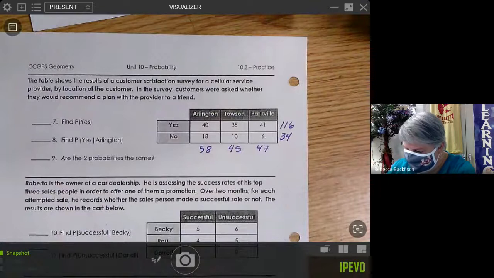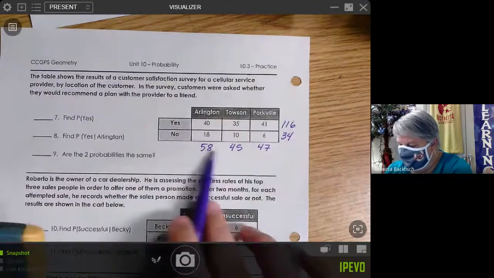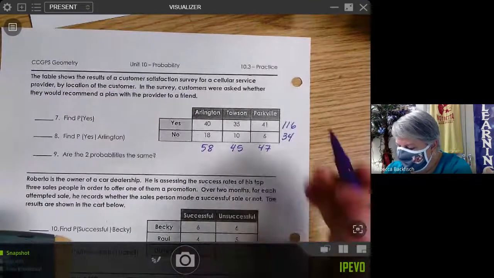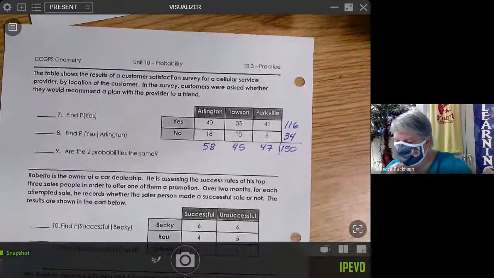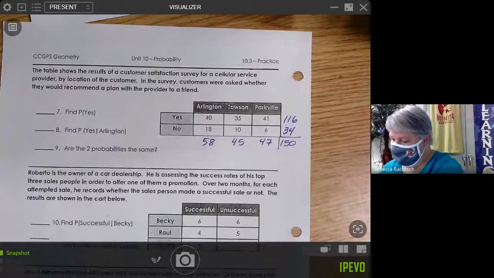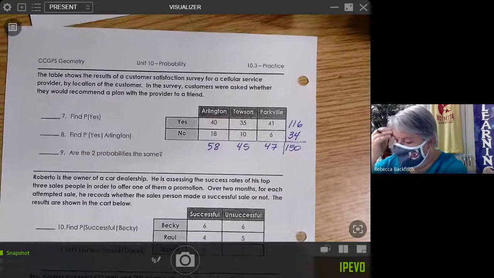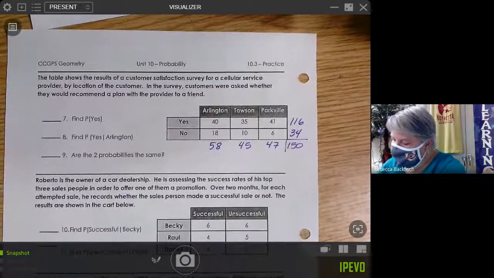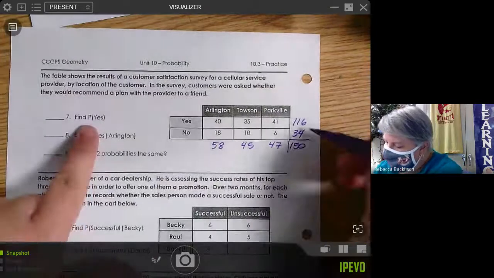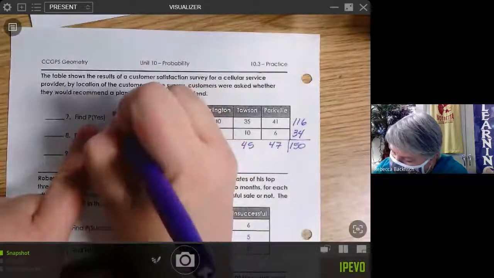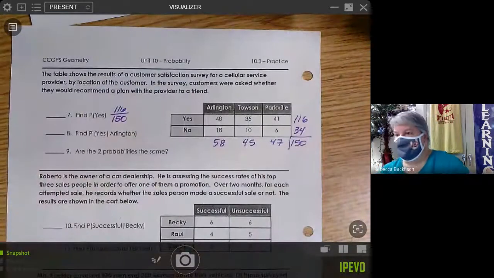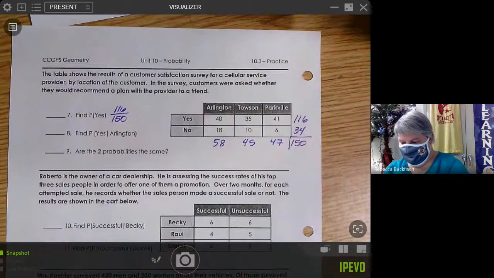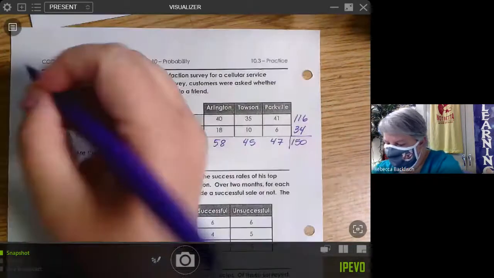I always check my own math, making sure that these add up to the same thing. And they do. So the total number of people surveyed is 150. Find the probability that someone said yes. That's 116 out of 150, which is 0.77.